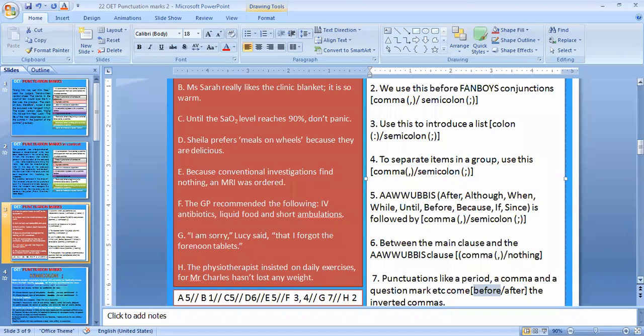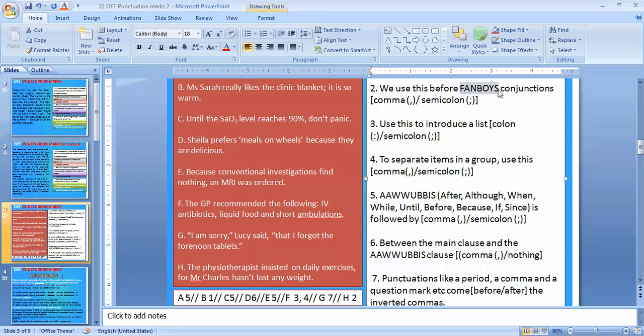So, Mr. Charles, you cannot stop these daily exercises. You should continue. So there is a comma used, and you notice the word used is FOR. What is this FOR? Fanboys.